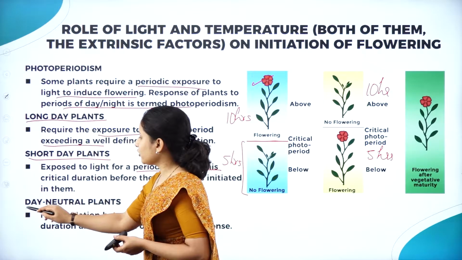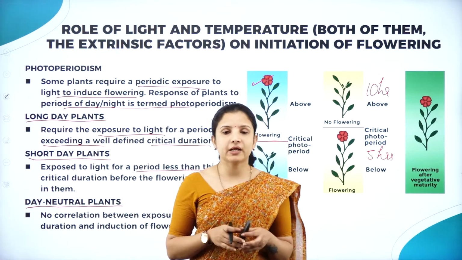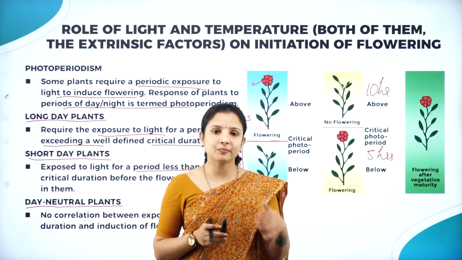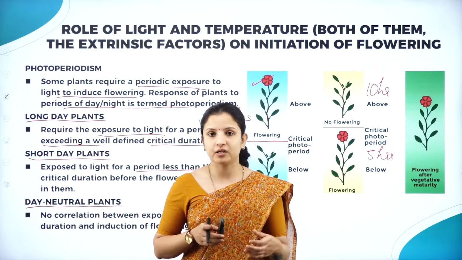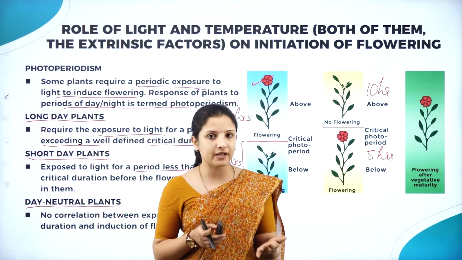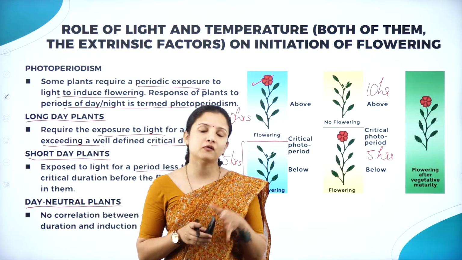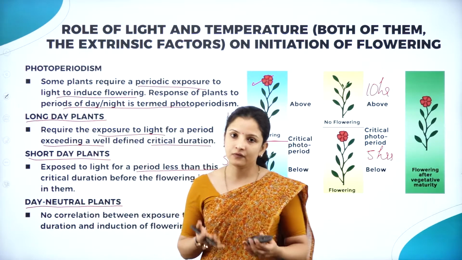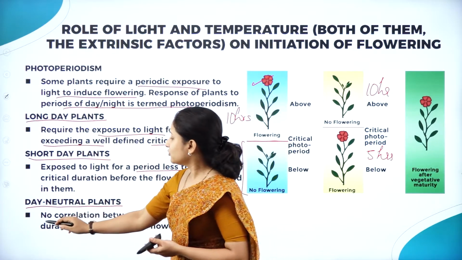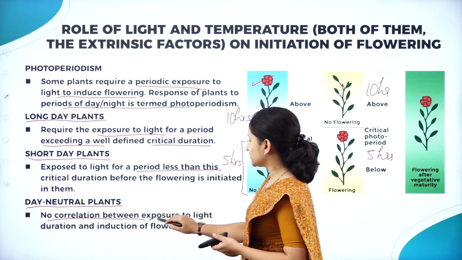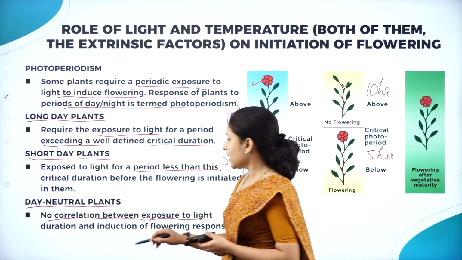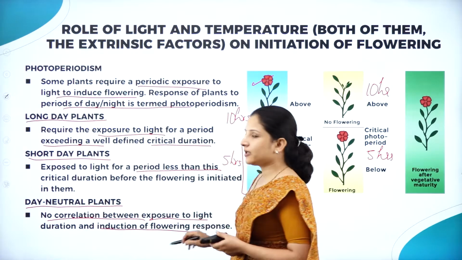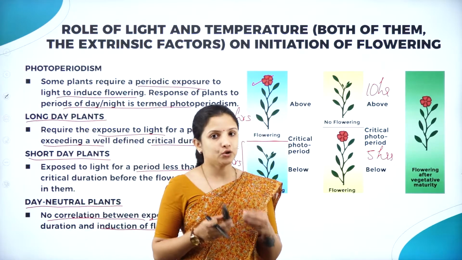Next is day neutral plants. Day neutral plants do not depend on any critical period of light for which they have to be exposed. If you keep it even for 1 hour they will flower, even for 5 hours or 10 hours they will flower. So there is no correlation between the duration of light exposure and the induction of the flowering response in day neutral plants.